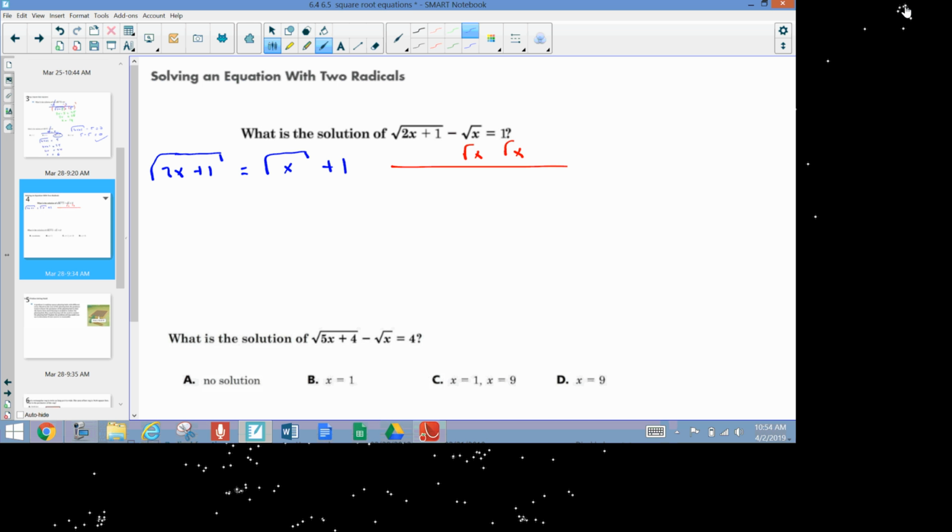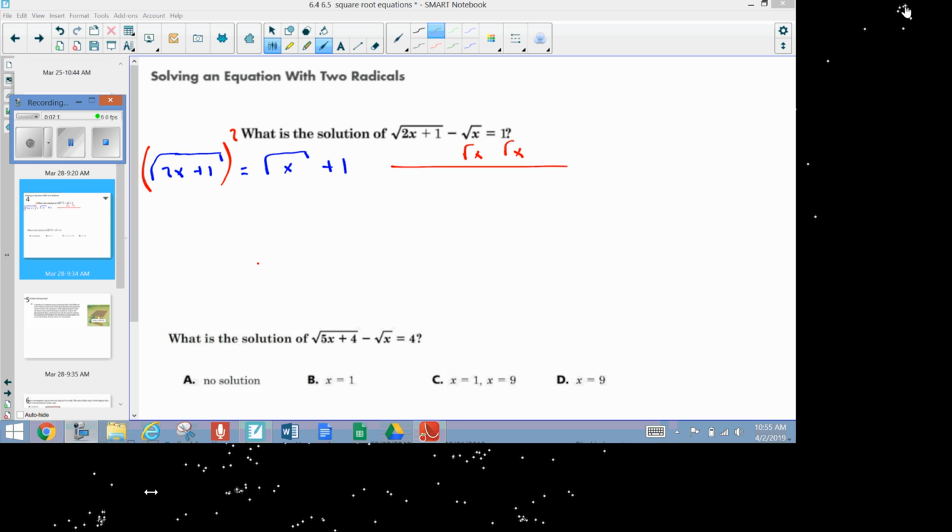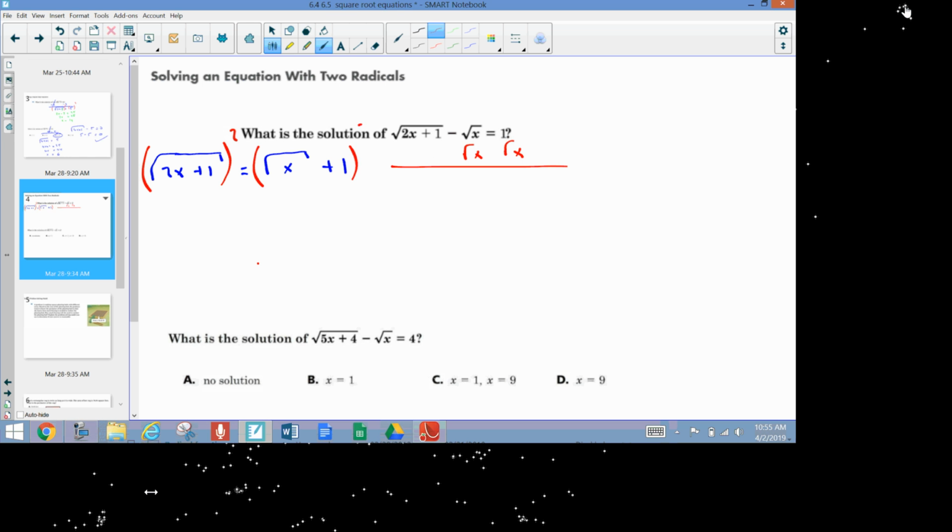Okay, now I can take the square of both hand sides. The left hand side is easy. It's so easy. Just get rid of that square root, right?